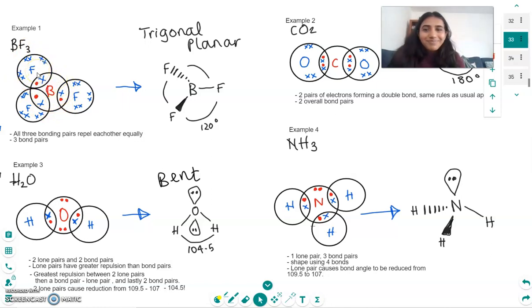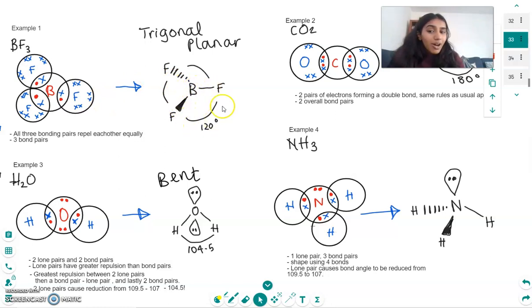Quick recap. And so, it can form 3 covalent bonds, can't it, with each of the fluorine atoms. And that means that there's 3 bonding pairs that repel each other equally. There's no electrons left over, and there's 3 bond pairs formed. And that means in our dash wedge diagram, it would look something like this.